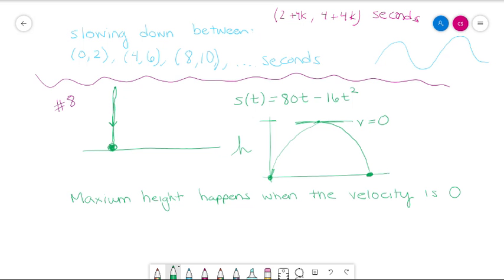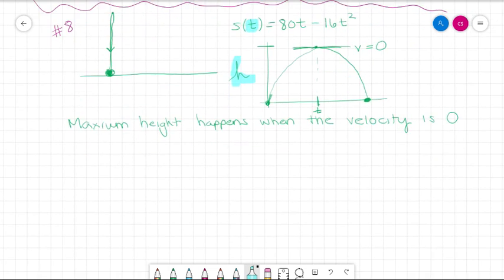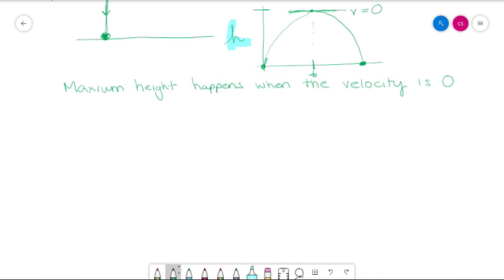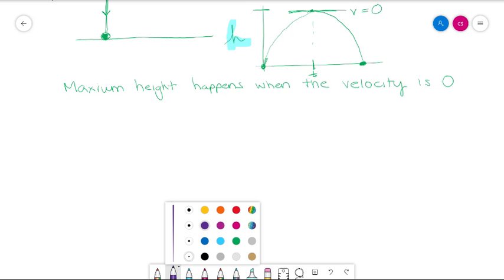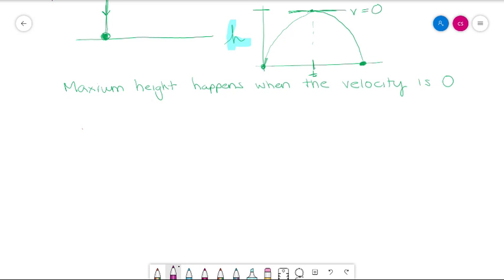The velocity is 0, and we're going to figure out what time that happens at. We're going to figure out the time when the velocity is 0, and then we're going to take that time and plug it into our position function, and that will give us the height. Okay, so it's a multiple step problem. So let's start.